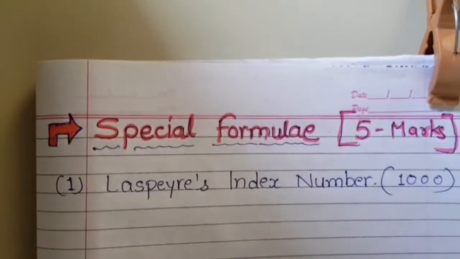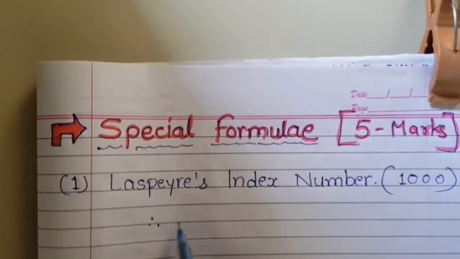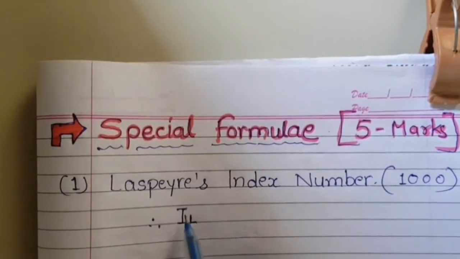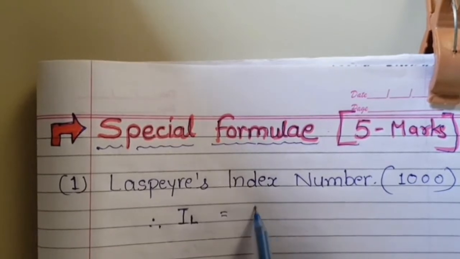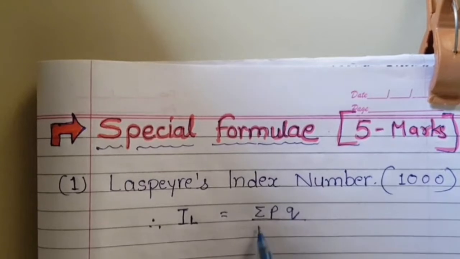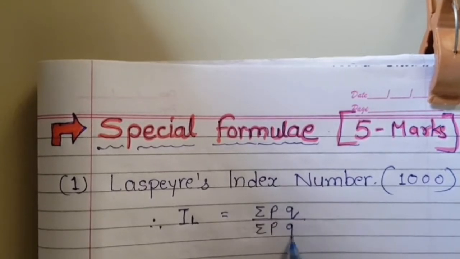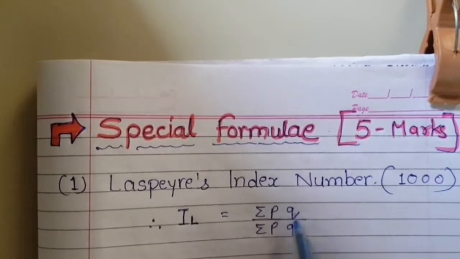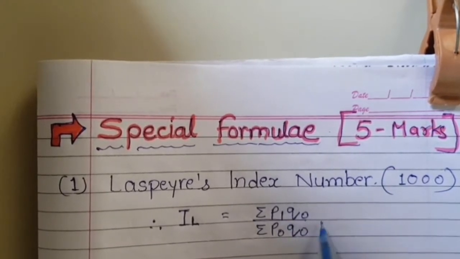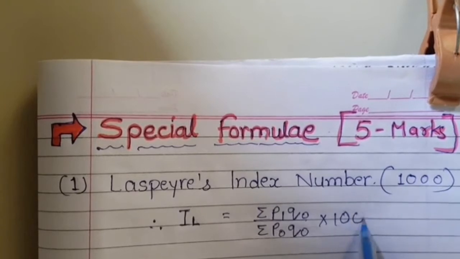How is it used? I write the formula of last pair. Friends, the last pair's formula is indicated by capital I and capital L. IL is equal to, you have to write sigma PQ again upon sigma PQ, and you have to write the 1000 like this: 1000 multiplied by 100.